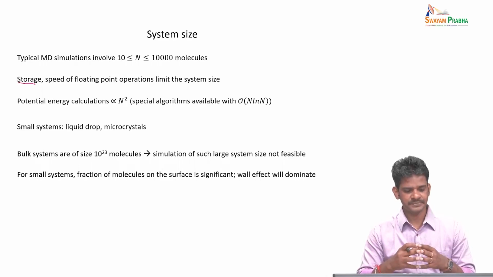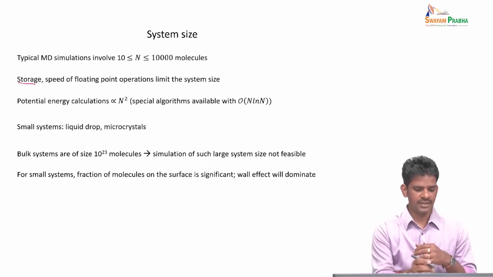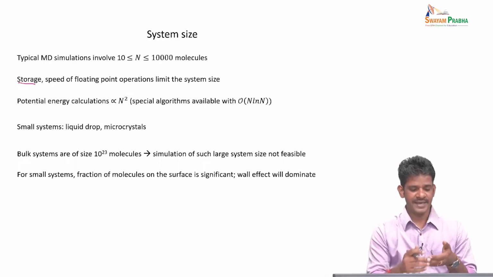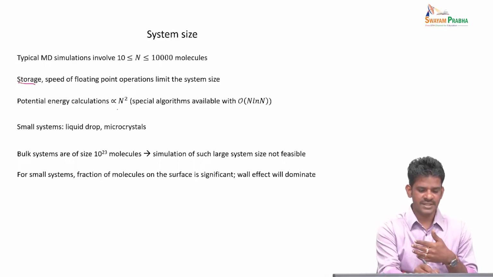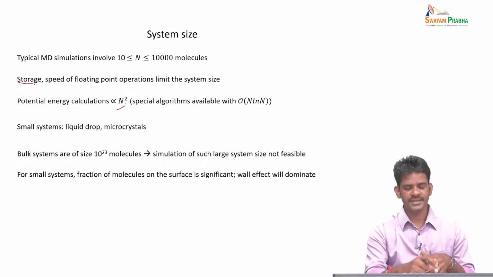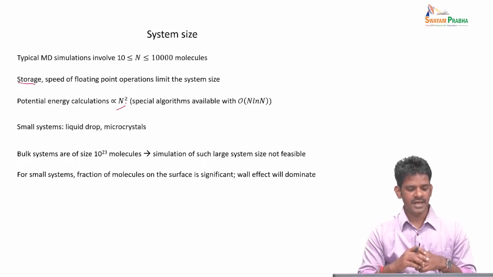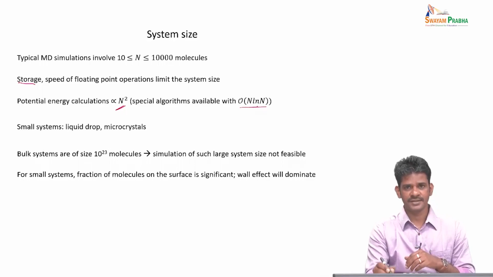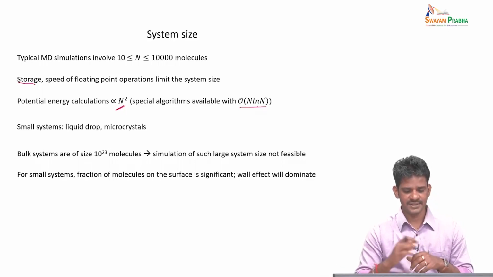The main reason is that in MD simulations, one of the major computing resources is used in calculating the potential energy, which goes as the order of n square, where n is the number of particles, because of the pairwise interactions. And of course, there are some special algorithms that can bring down the scaling from n square to order of n ln n, which we will see in subsequent classes.